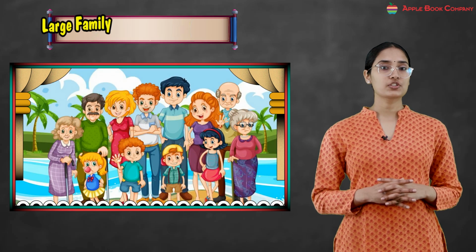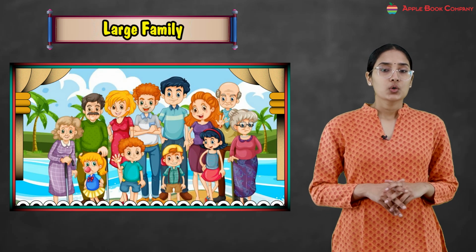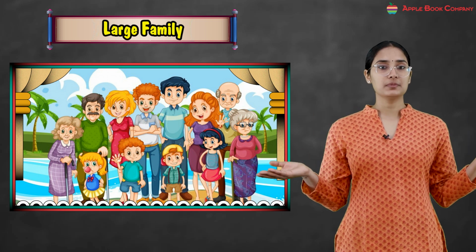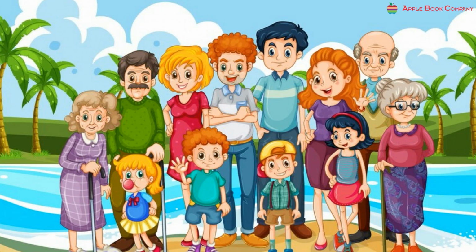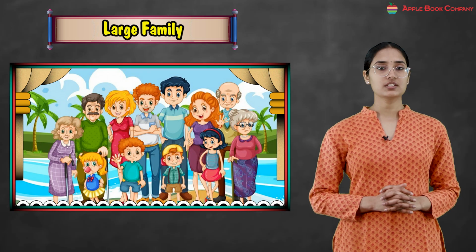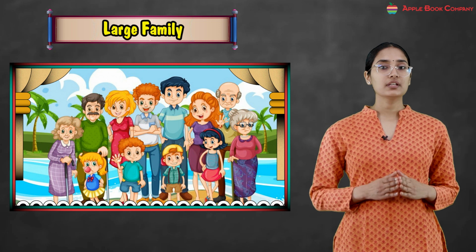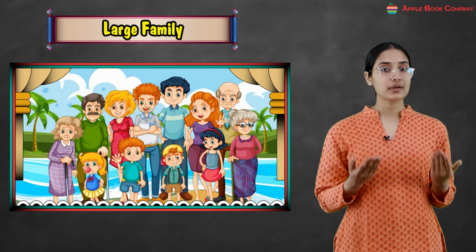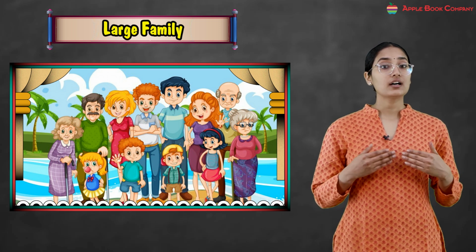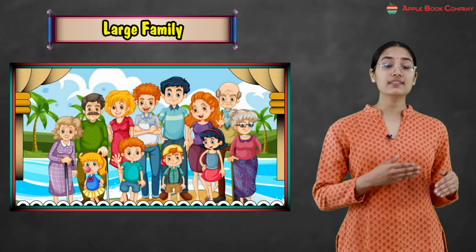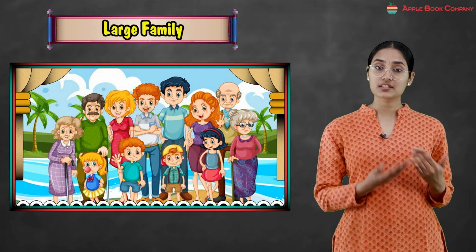Next comes the large family. These are families where there are a large number of people. In a large family, parents, children, grandparents, uncles, aunts and their children live together, right? A large family consists of our grandparents, our uncles, aunts and their children, that is our cousins also.